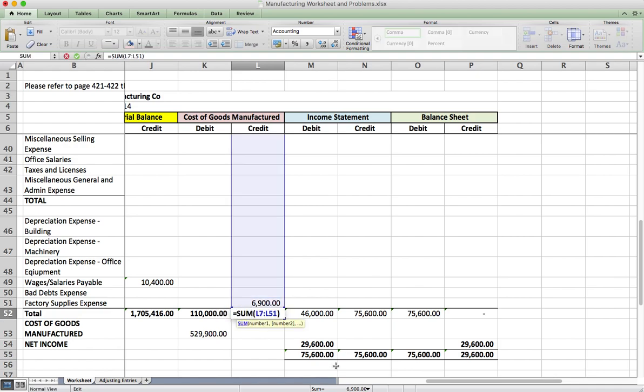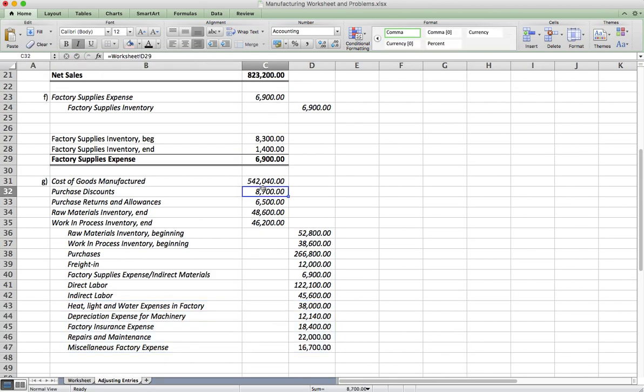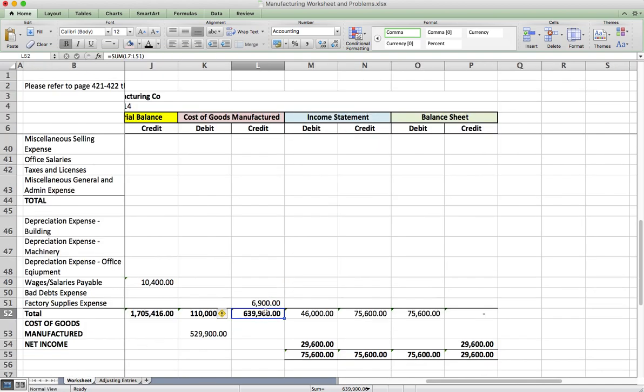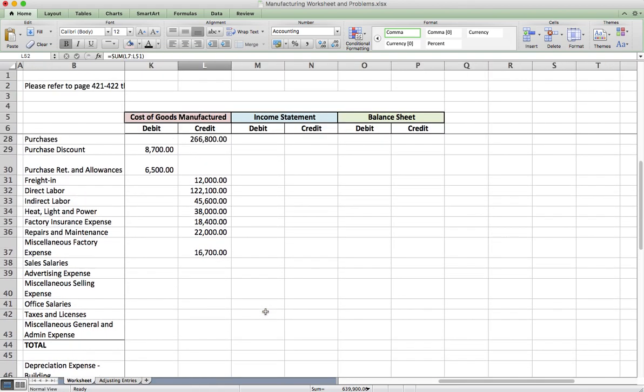Nasama naman. Bakit mali? 110,000. Ito, 652,040 dapat. Tingnan natin ano yung mali. Freight in is 12,000. Tama naman, 12,000.